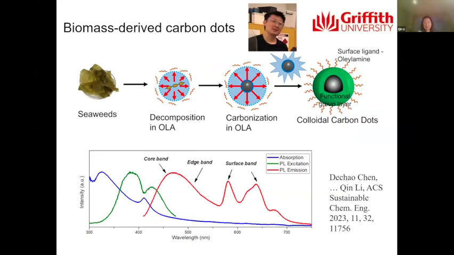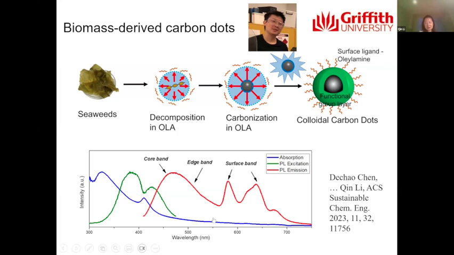So just two final slides showing the seaweed utilization. We put seaweed into oleylamine, a typical solvent for quantum dot synthesis. We made very high quality carbon dots.